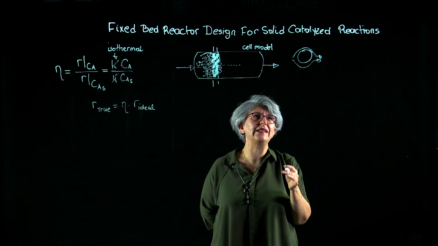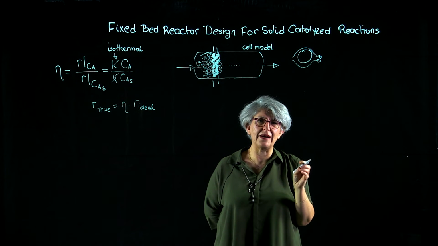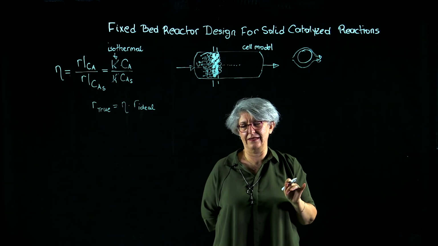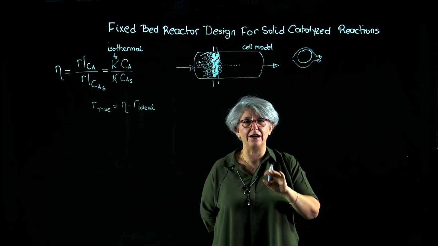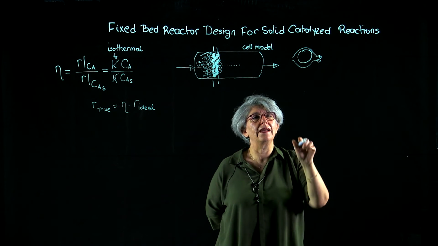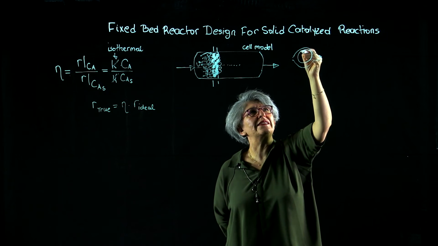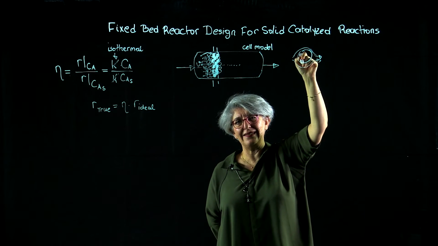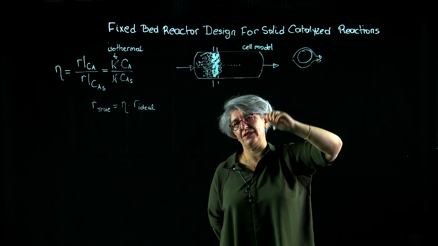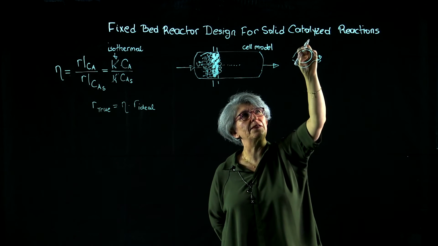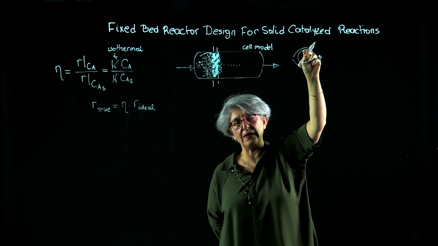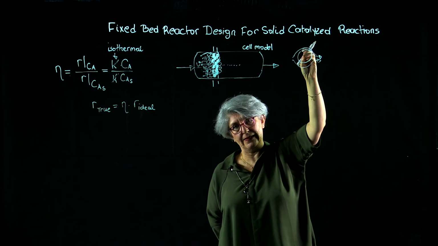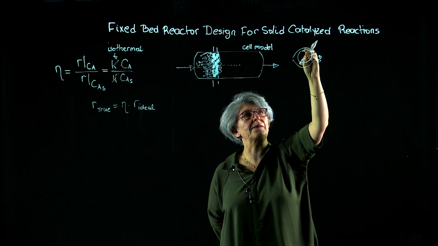This boundary layer is dictated by the hydrodynamics of the fluid phase, and I have transport to this cell by mass transfer: film on the outside and diffusion on the inside.